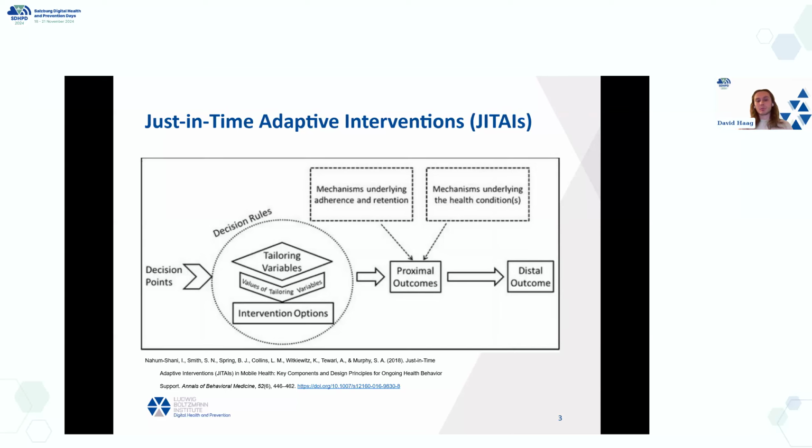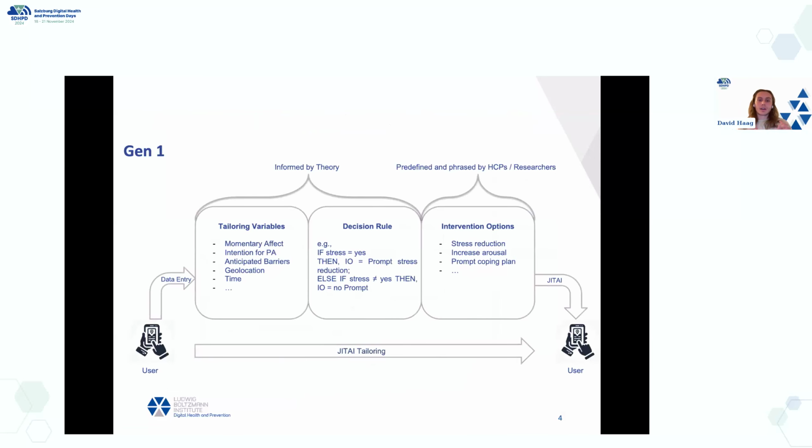Now, we're looking at a bit more complex versions of such JITAIs that could do a little bit more than that. Because what I just presented to you could be framed as the first generation of JITAIs, where you have theory-informed tailoring variables and a theory-informed decision rule that decide which out of many intervention options that you have, predefined by healthcare professionals or researchers, should be sent to the user.